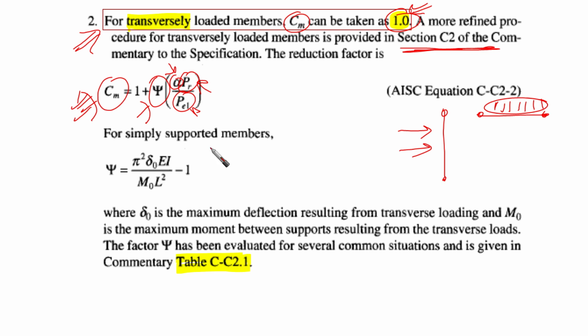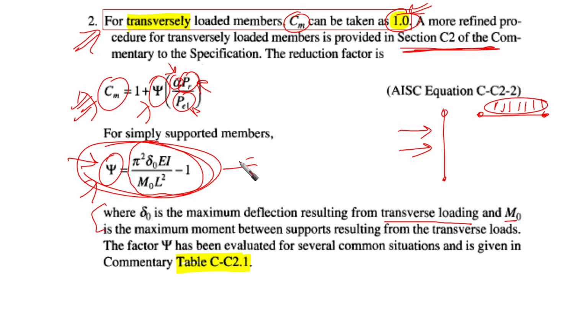So for simply supported members, this parameter is going to be calculated, as you can see here, pi squared delta node EI over M node L squared, where delta node is the maximum deflection resulting from the transverse loading, and M node is the maximum moment between the supports resulting from the transverse loading. Okay, and actually this factor has been evaluated for several common conditions.